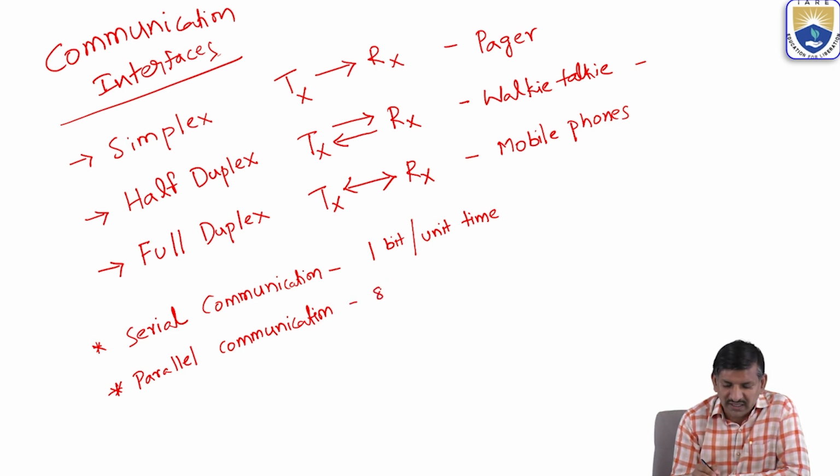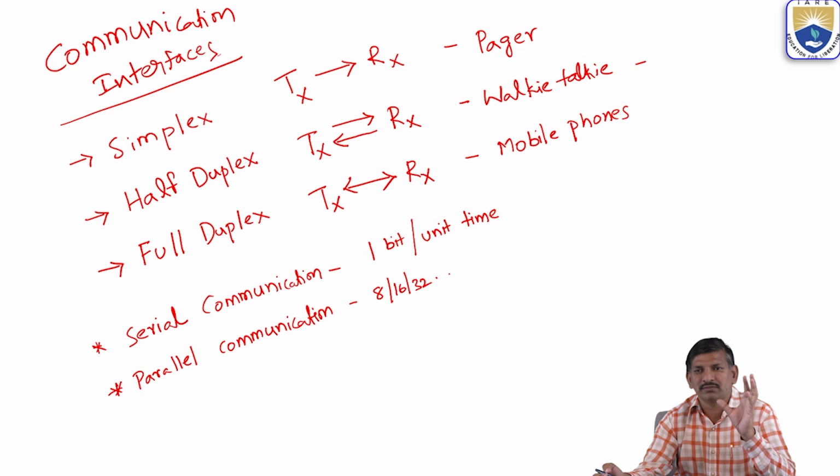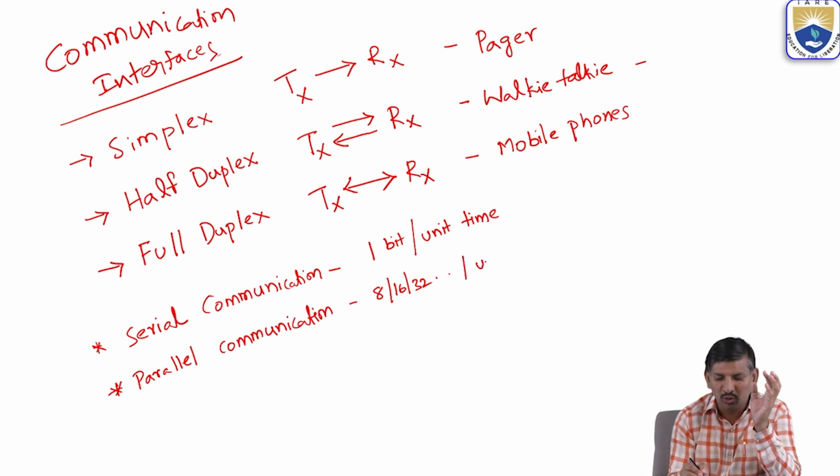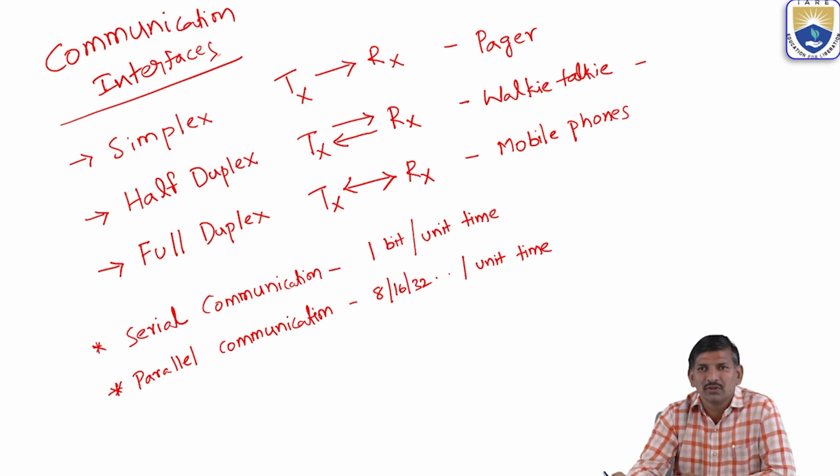Like 8 bits or 16 bits or 32 bits and so on. That depends on the bus width per unit time. So, in the beginning days, serial communication was designed.